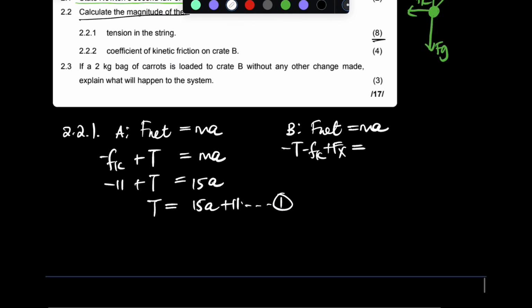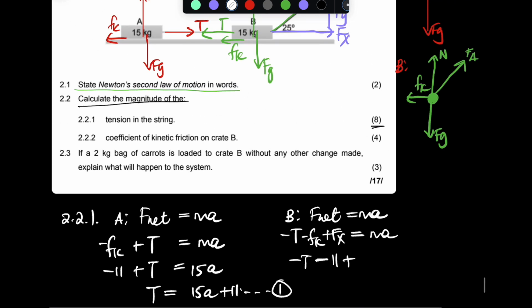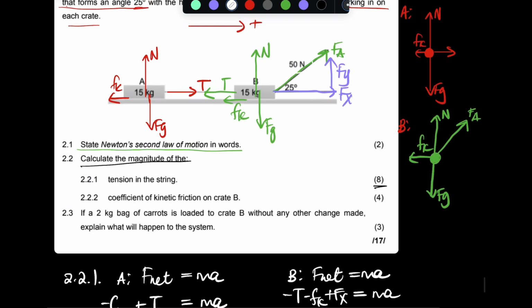So it's going to be equal to ma: negative T minus the frictional force, which is 11, plus the Fx.